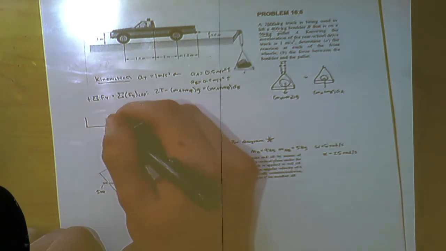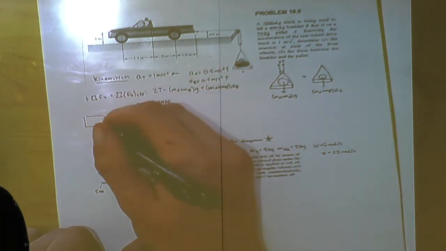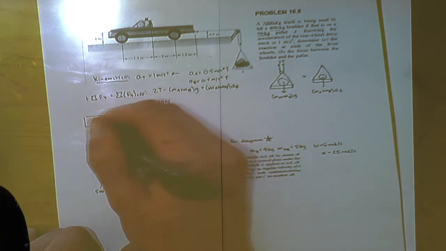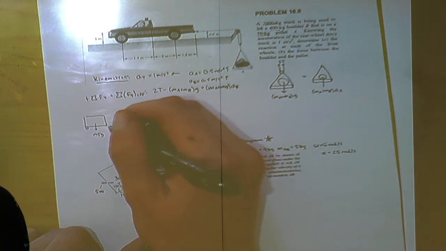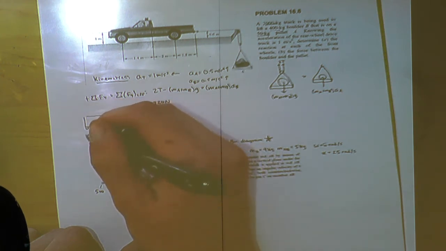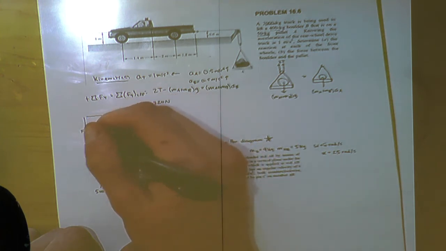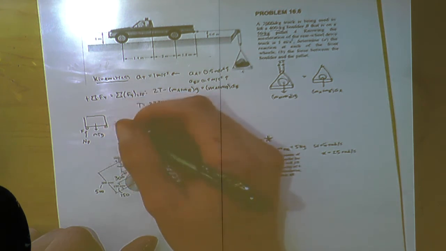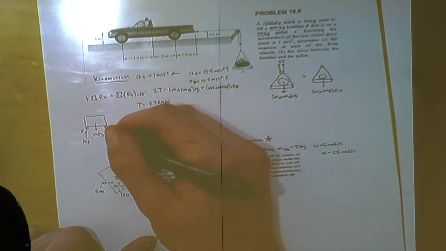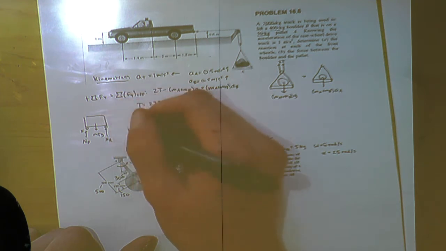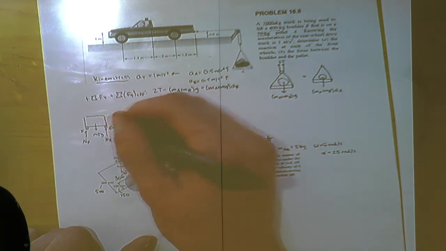And I'm not even going to try to draw this truck. We have Mt times g, we have a normal force on the front wheel and a normal force on the rear wheel, and we have this force, the tension.